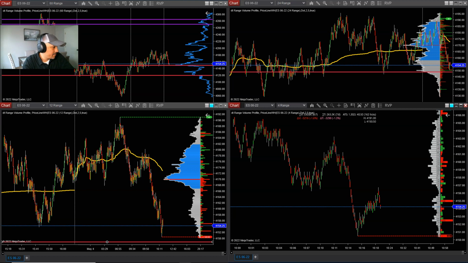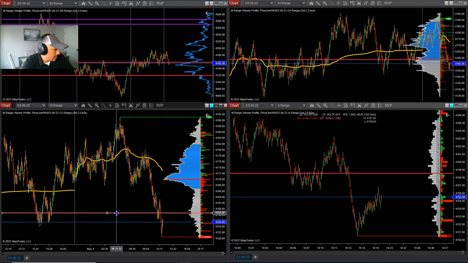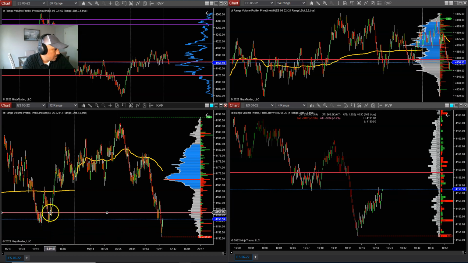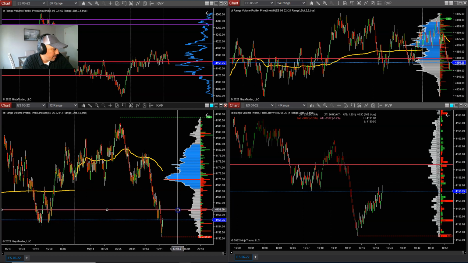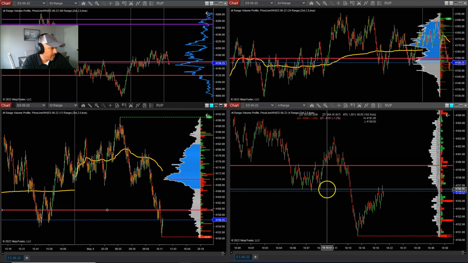Price pulling back. Let's see. Yeah, it could pull back to this area up here, maybe, but it could bounce right here where price is at right now. This is clearly resistance right here.